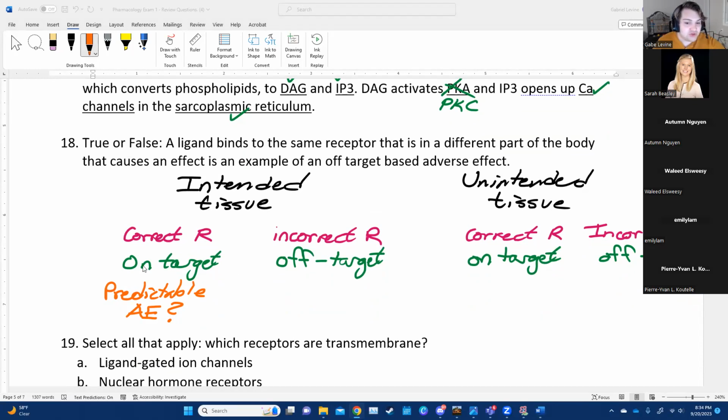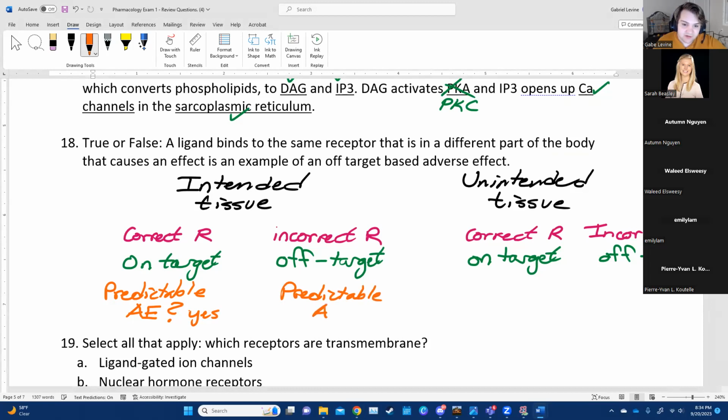And so we should be able to predict what is going on. Is this a predictable adverse event? We have a new drug, we give it, it suddenly goes to the wrong receptor. Nope, not predictable.